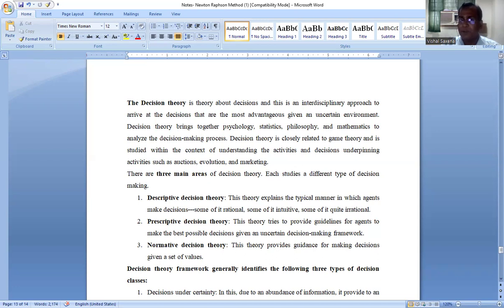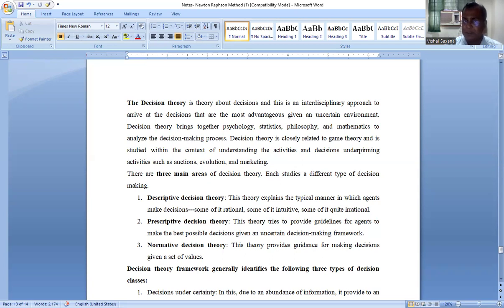One of the modules in operation research is decision theory, and decision theory is very good for the researcher to make decisions in favorable and unfavorable conditions. Today's module is about the basic concepts and the different areas of decision theory and its components.